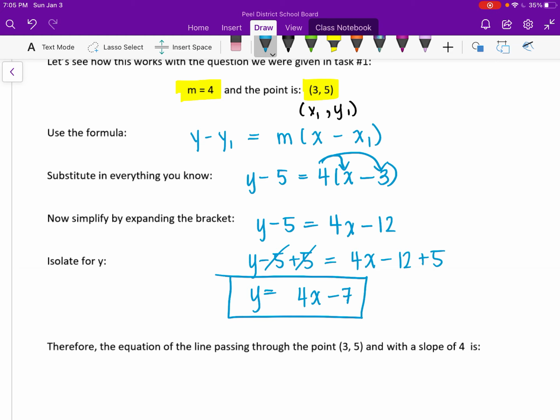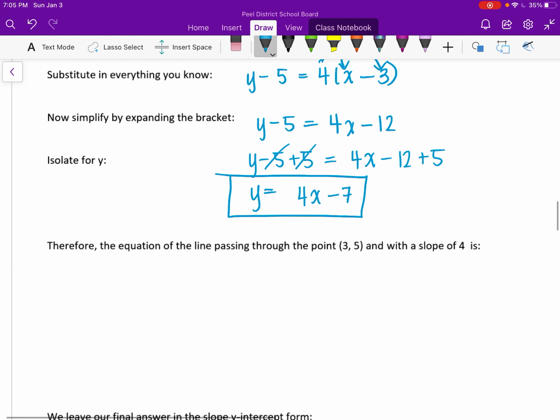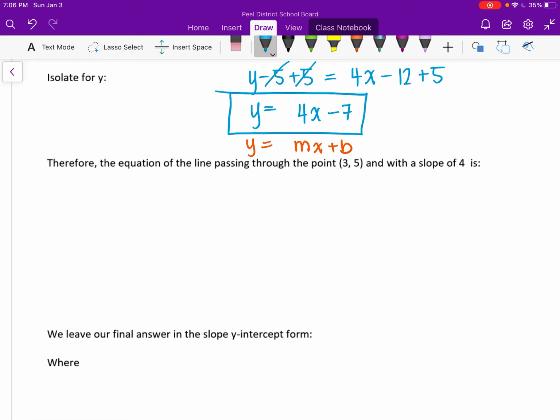This is in the form y equals mx plus b, where b is negative 7, so the y-intercept is negative 7. Therefore, the equation of this line is y equals 4x minus 7.